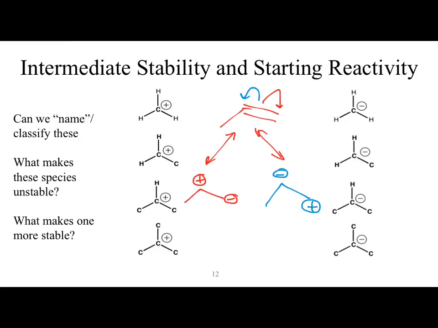So we could evaluate drawing out both products and evaluating which product generates the more stable carbocation, or we could look at the resonance structure and decide which resonance structure actually makes the most sense to react from.